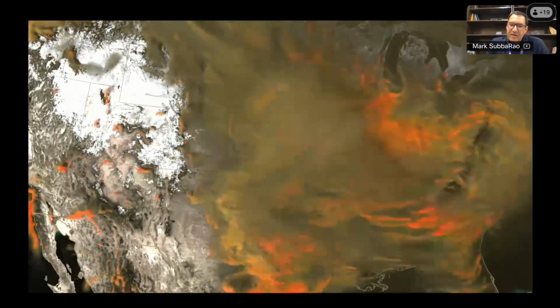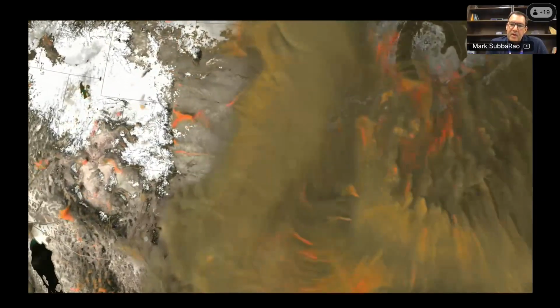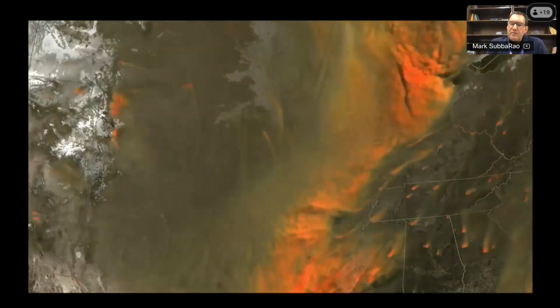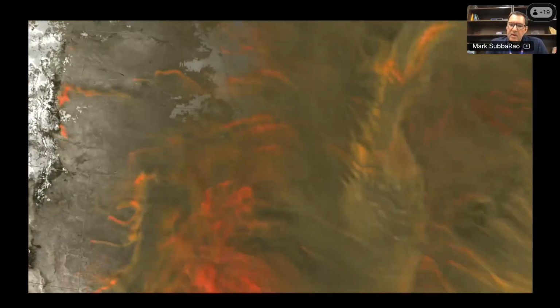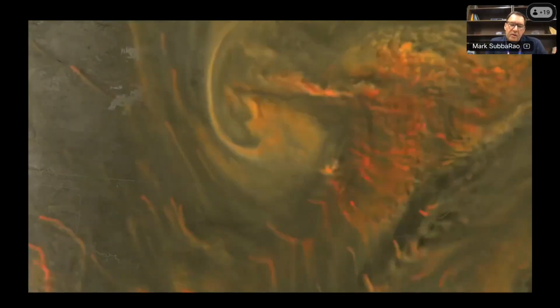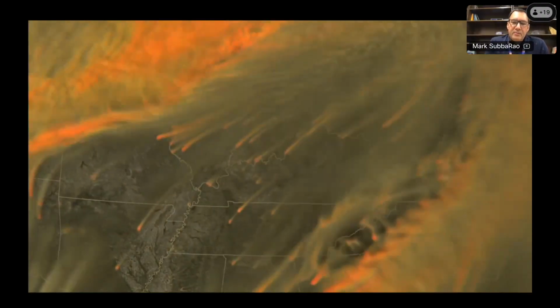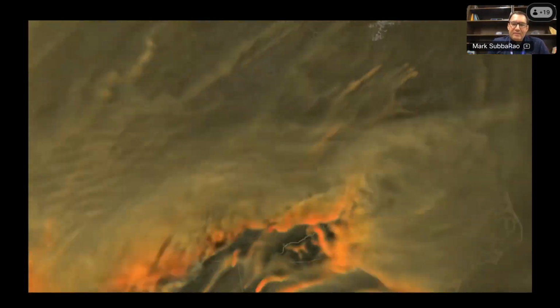I think this is really pushing the boundaries. You see both the cutting edge of the models we're able to run here, but also the visualization that we're able to do. This is getting down to 1.5 kilometer resolution. At that resolution, we can see plumes coming from individual power plants.